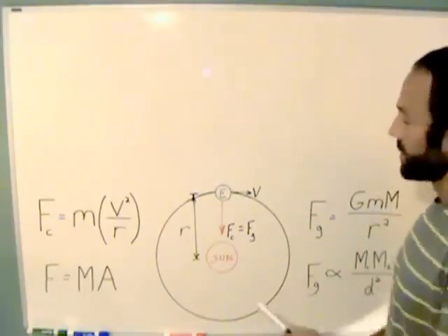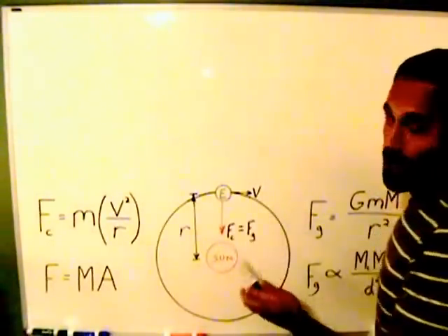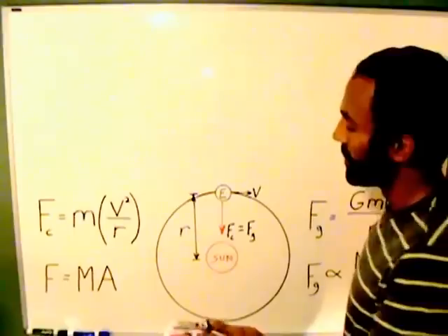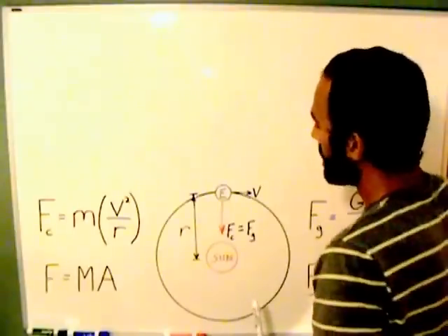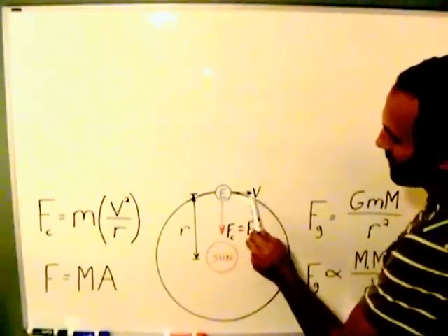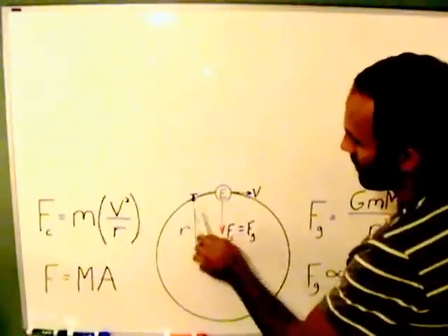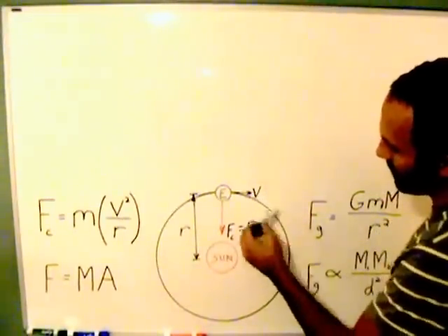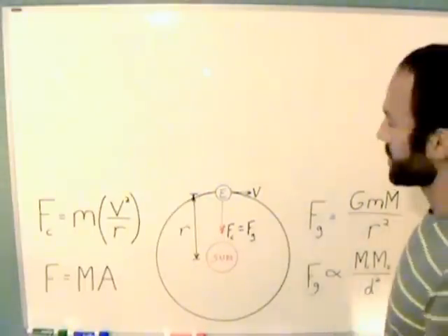So the theory is, since this Earth would be traveling around the circle, or actually, NASA tells us it's elliptical, but they also use this equation, which is based on a circle, this velocity is constantly changing as it travels around the Sun. The direction of the velocity over here would be pointing down to the right. It's pretty simple.